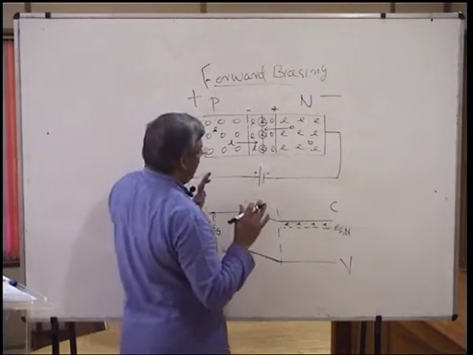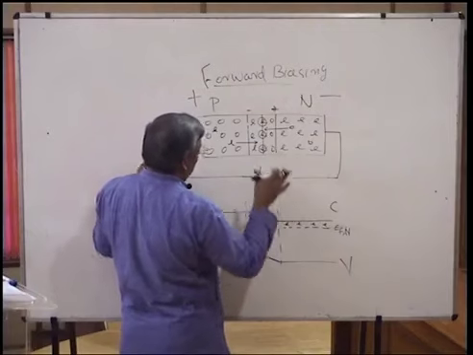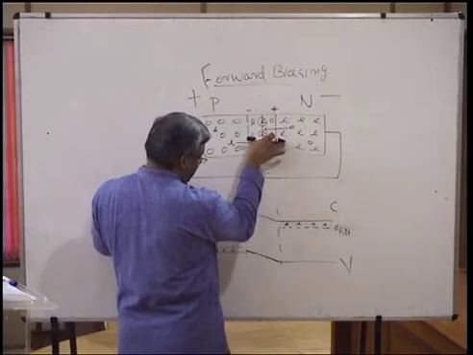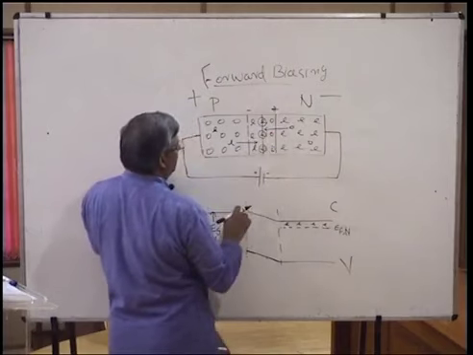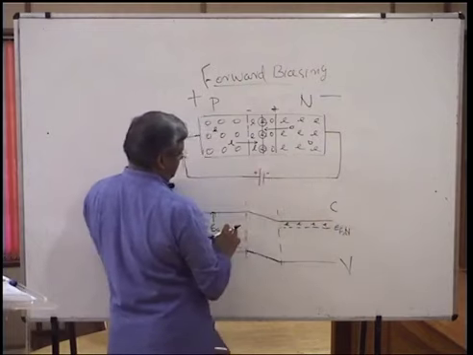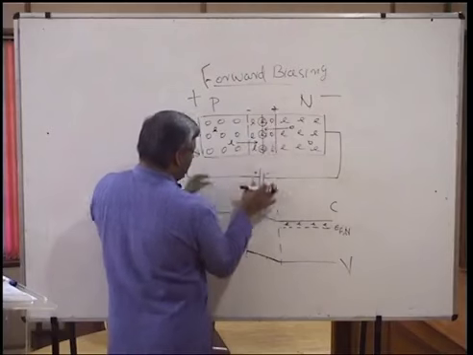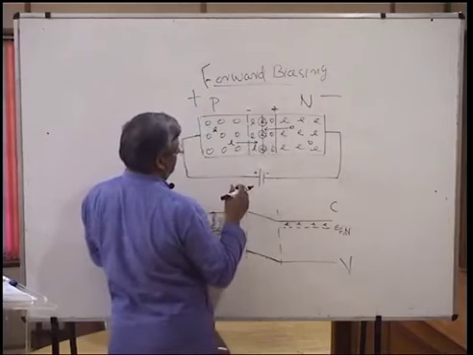So you should appreciate that there are two batteries right now. One is the internal battery, which is very much there for the PN junction, the internal bias. Now we are giving an external bias, a bias from outside. So, internal bias and external bias.